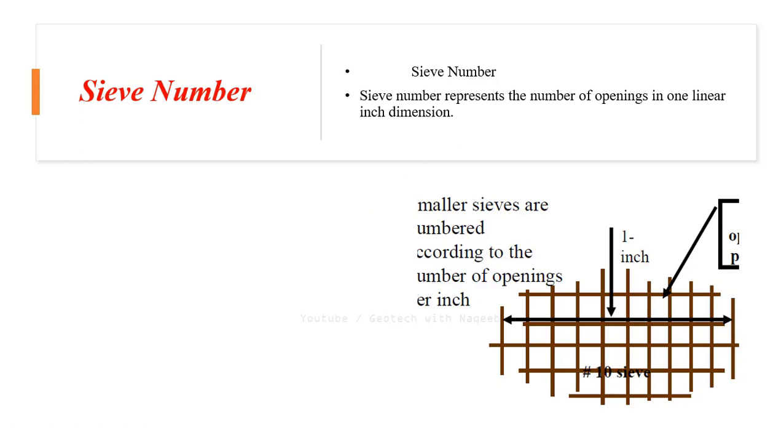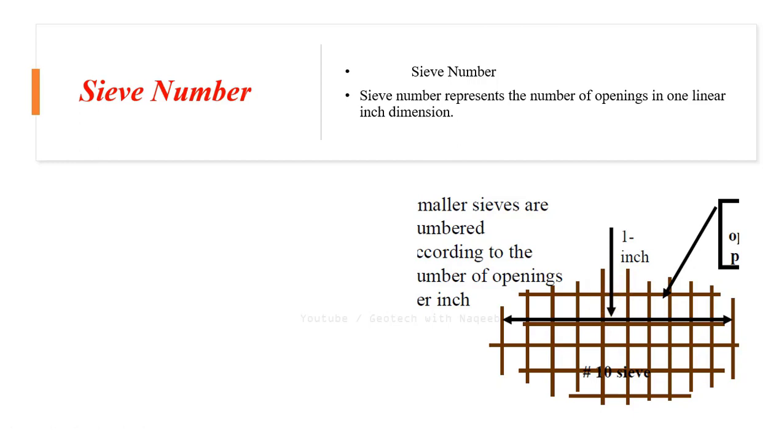If we calculate one opening size, it becomes 1/4 inch, which converted to millimeters is approximately 6.2 mm, but the size defined for sieve number 4 is 4.75 mm. The reason is that in the sieves there is a mesh wire thickness, which we have to exclude. If we exclude the size of the mesh, the size of the clear opening will be 4.75 mm for sieve number 4.